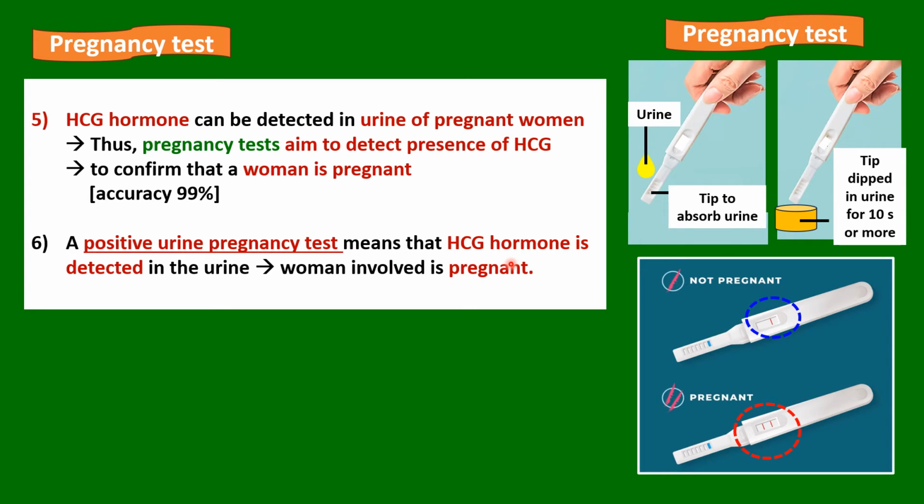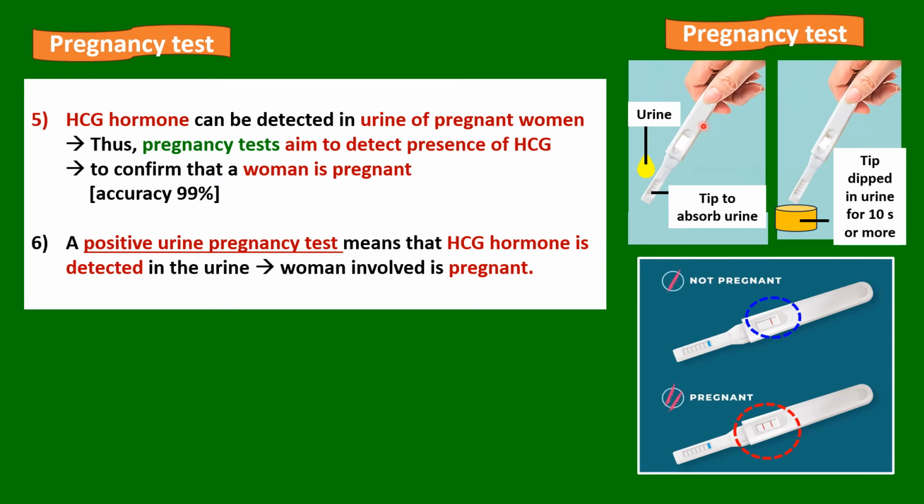This HCG hormone is passed out in the urine of a pregnant woman. So in the pregnancy test, first the pregnancy kit is bought. This is the apparatus, or the stick, that is used to detect the presence of HCG. The tip here can absorb urine, and there are certain chemicals inside this stick to detect the presence of HCG.